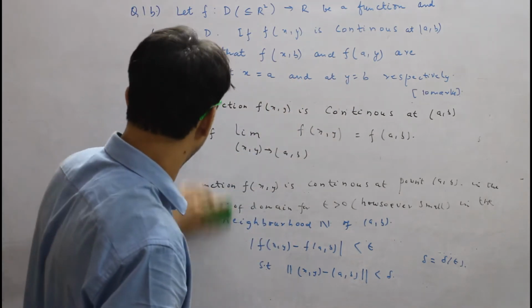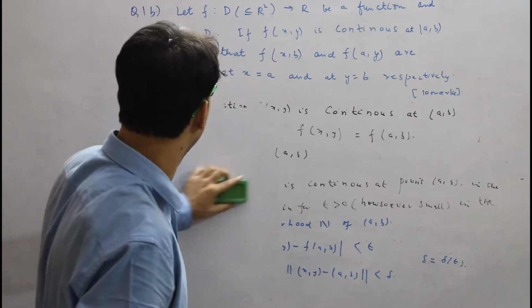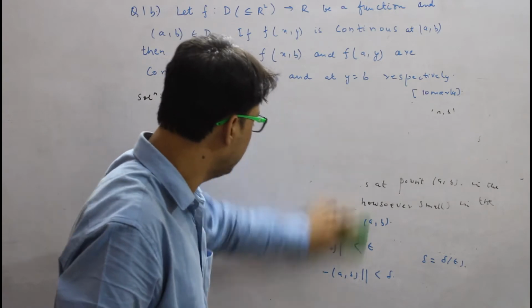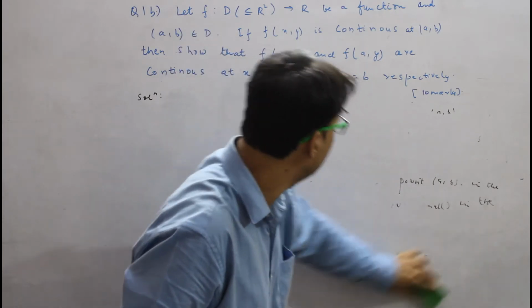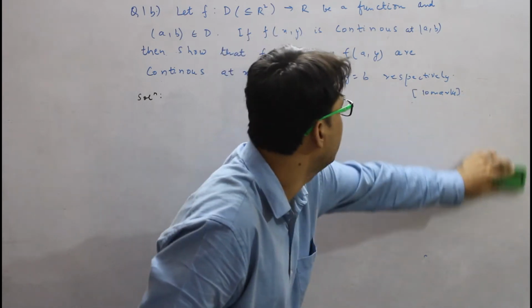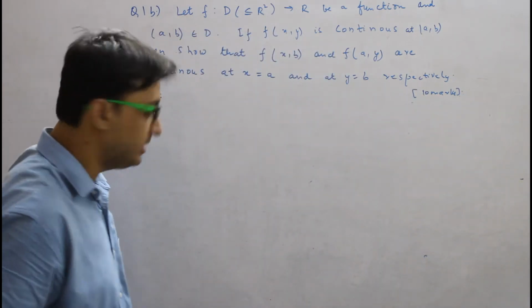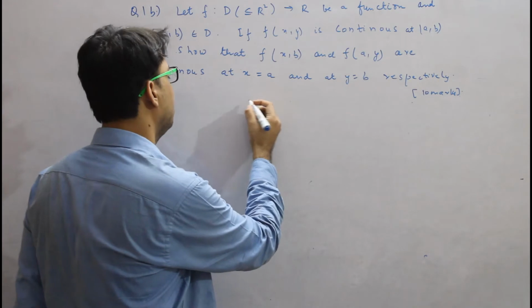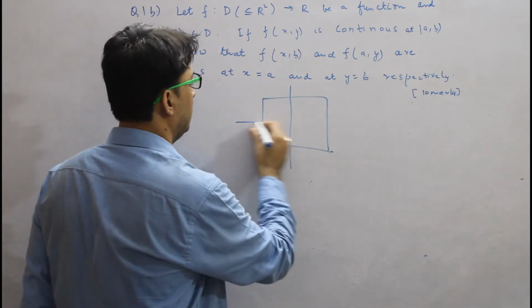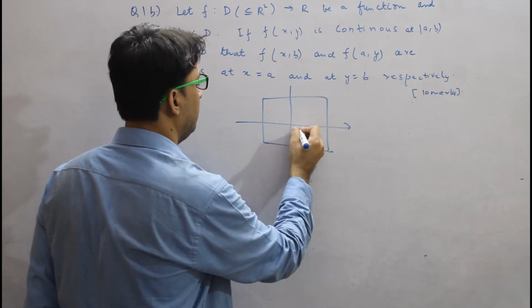So I will take some neighborhoods. There are a lot of things we can take, circular, rectangular, but here the function seems to be linear, f(x,y), that is a polynomial. So I will take a rectangular neighborhood, and this is my point, say (a,b).